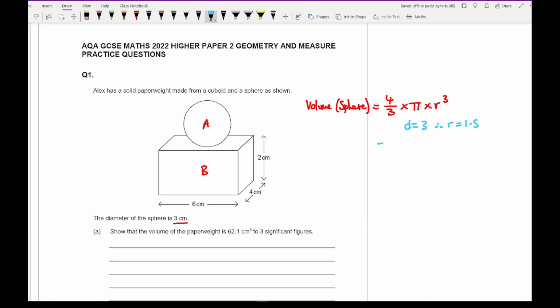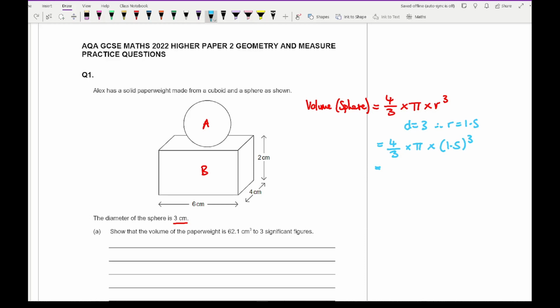Then substituting numbers in, what do I get? Well, I get 4 over 3 times pi times 1.5 cubed. And if I type that all into my calculator, let me just work out what I get. Where possible, try and use the fraction button for 4/3 just to make your answer a little bit more accurate.